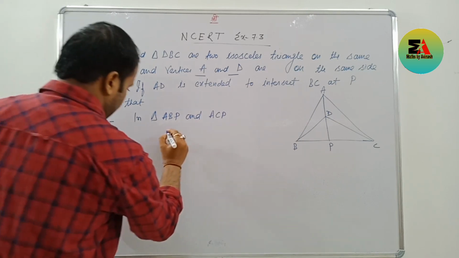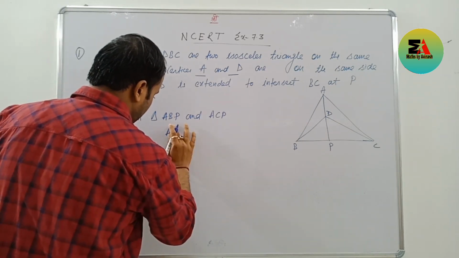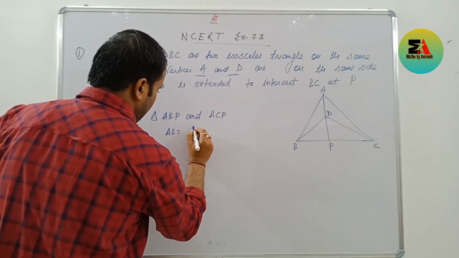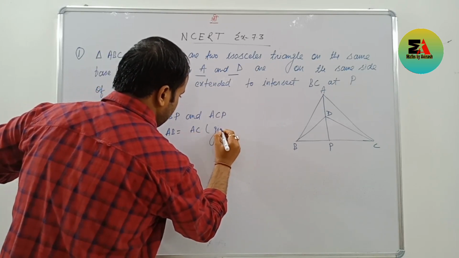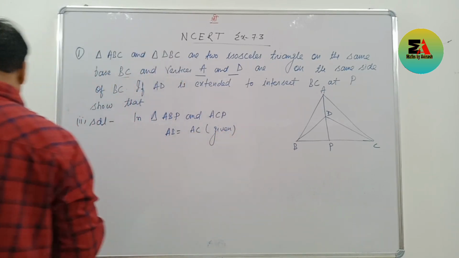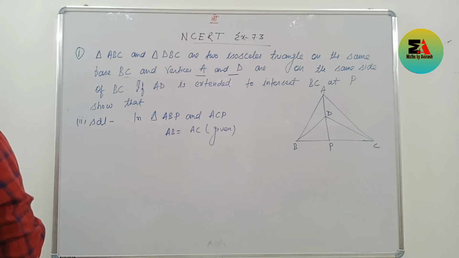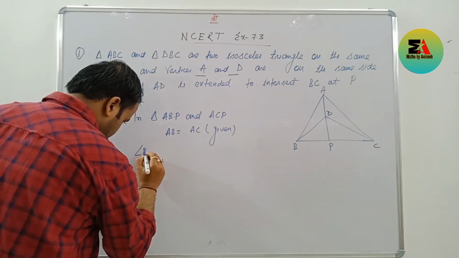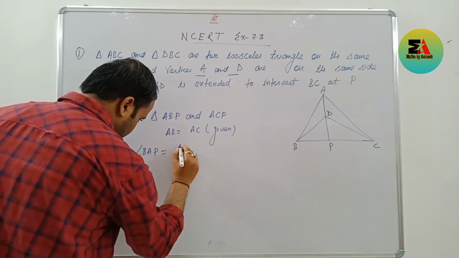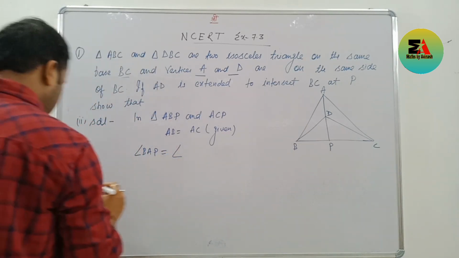Clear? AB is equal to AC. This is given. And angle BAP is equal to angle CAP.